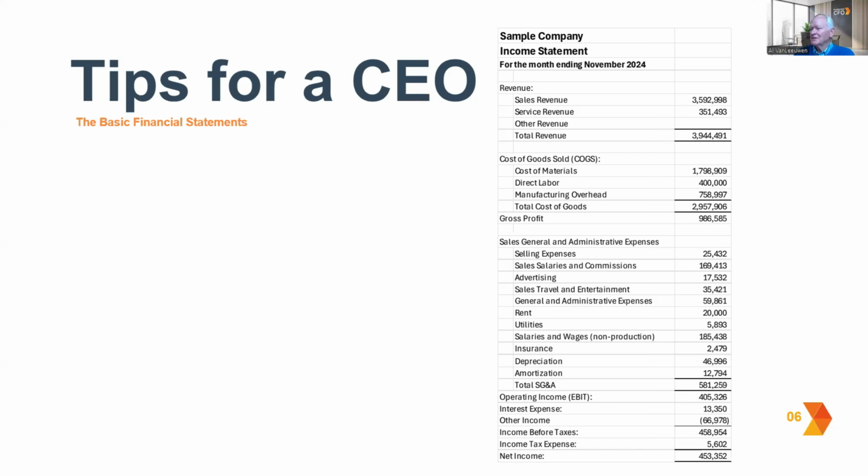And as you look at this income statement, this was the income statement that this company used. Later on, we will possibly discuss why they have it presented this way, but there are some items that should jump out at you when you look at an income statement in this format.